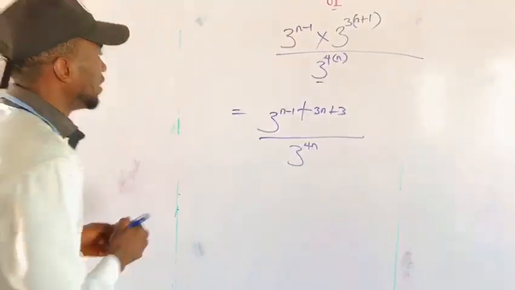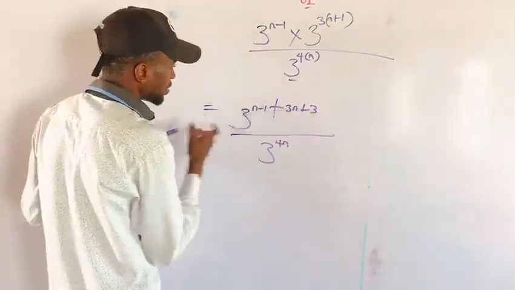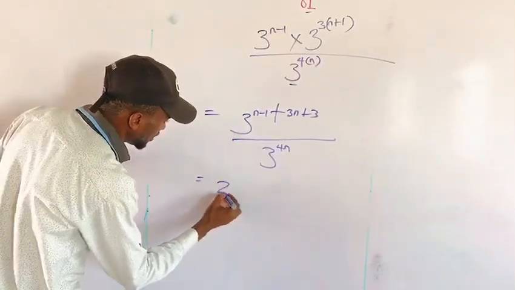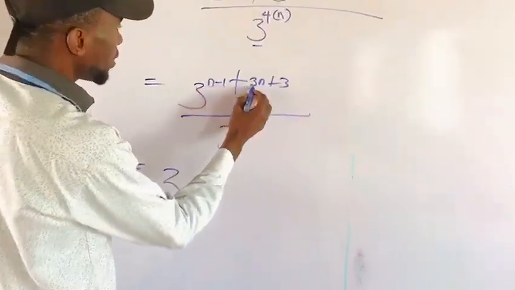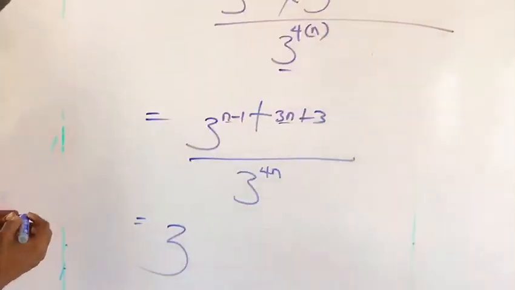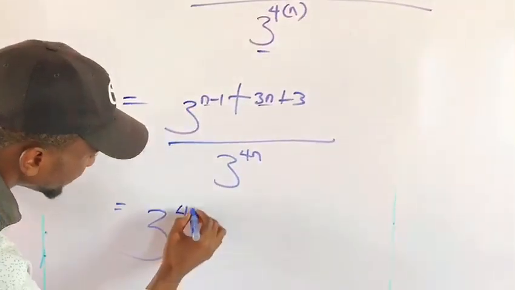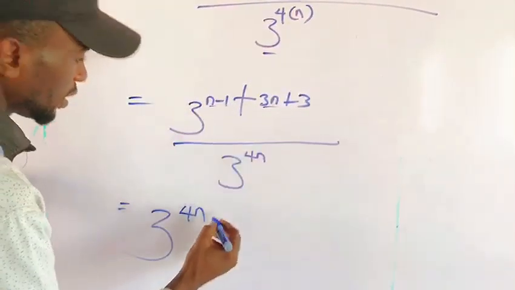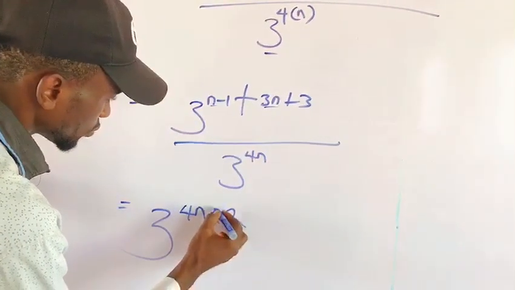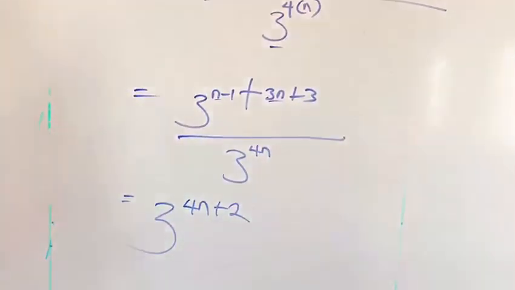Alright, now let me add these powers together. This is equal to 3 raised to the power of n plus 3n. That's 4n. Alright. Now, minus 1 plus 3, that's plus 2. Okay? Alright.